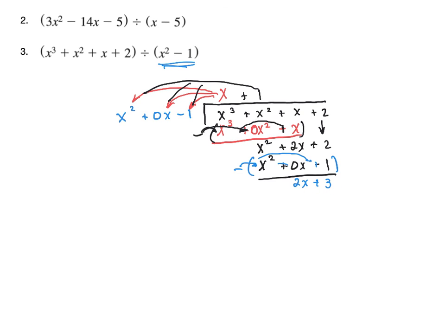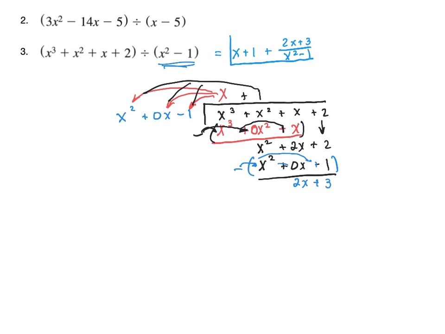So our final answer would be this division problem. x squared minus 1 goes into x cubed plus x squared plus x plus 2 goes in there x plus 1 times, plus our remainder 2x plus 3 over our divisor x squared minus 1.